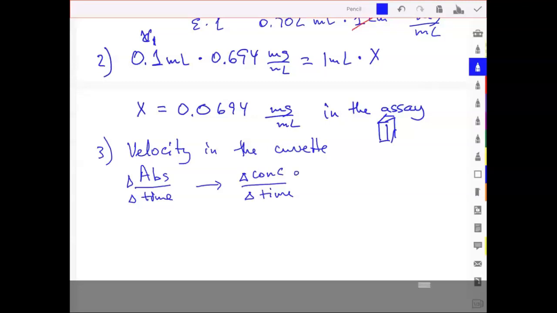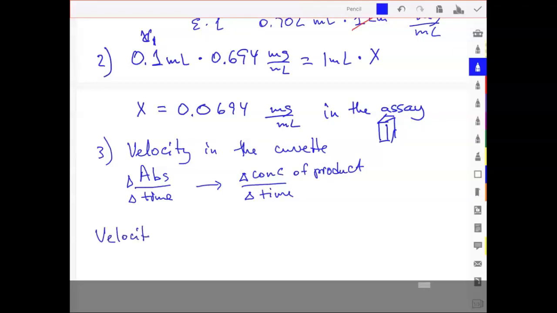Para-nitrophenol, concentration of product. But the conversion is going to be the same. Concentration is absorbance divided by absorptivity and path length. So I'll start the conversion here.